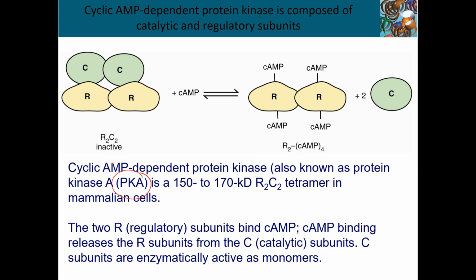When you have an abundance of cyclic AMP, the tetramer gets broken up because the cyclic AMP binds the regulatory subunits, releasing a pair of the catalytic subunits, which are active as monomers. So that's just background, which will make sense in a couple more slides.